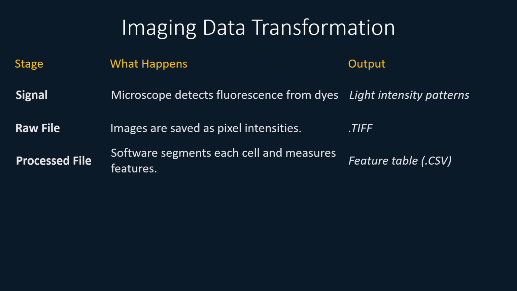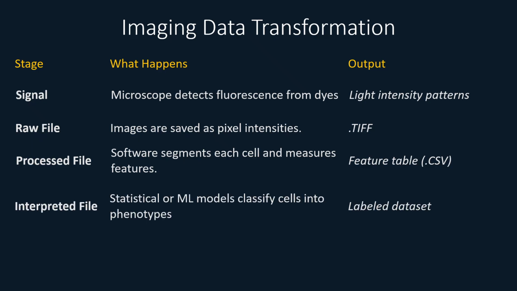If cells merge, split incorrectly, or debris is misidentified as a cell, those errors propagate directly into the feature table. By the time the data becomes a CSV, those mistakes are pretty much silent. There is no flag that tells you your cell was poorly segmented.